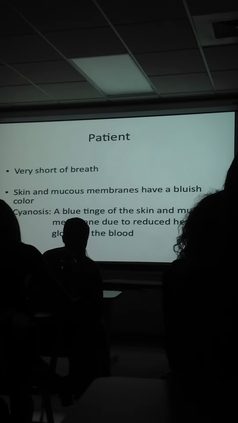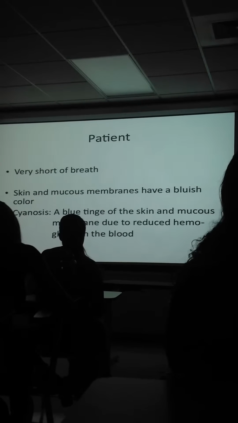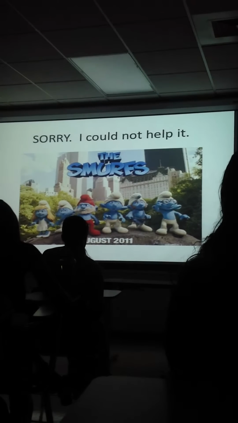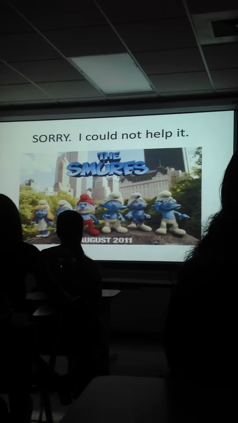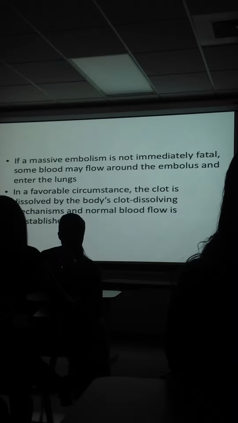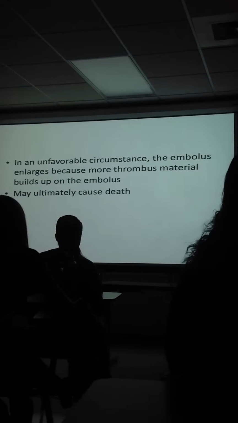What kinds of things will we see in the patient? Pulmonary embolism: shortness of breath, cyanosis, which is maybe why the SMERS are cyanotic. What could happen in a favorable condition? What could happen in an unfavorable condition?